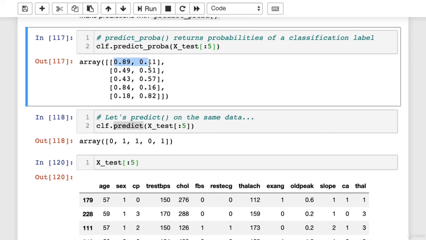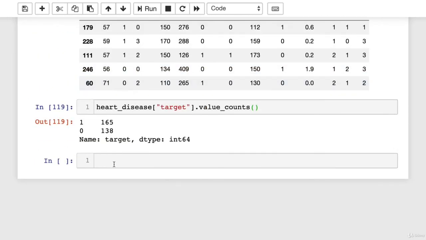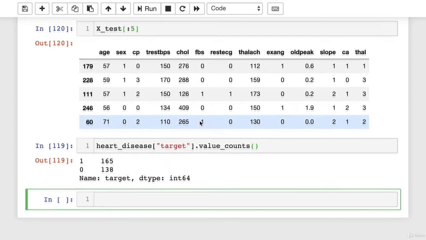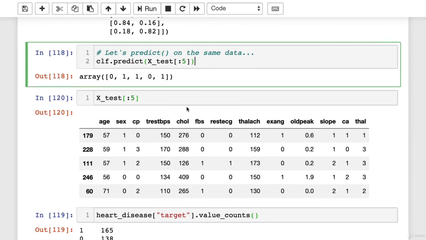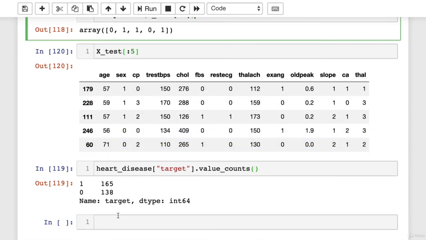And remember, if you add these up, the maximum value is 1. So the closer to 1, the more, in inverted commas, sure your model is that the prediction it's made is a certain class.